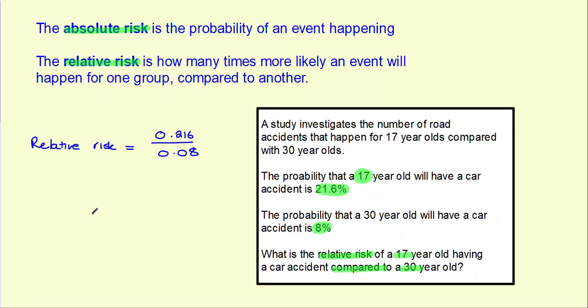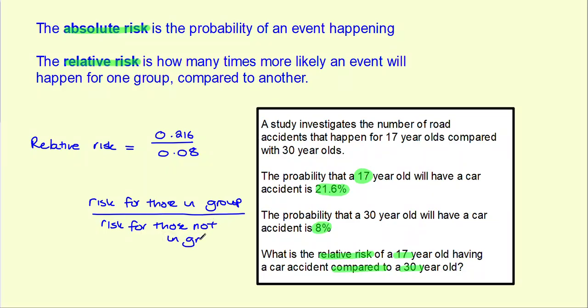The formula is the risk for those in the group, so that's the 17-year-olds in this case, and we divide it by the risk for those not in the group. So we're talking about those in the group of a 17-year-old divided by the risk for those not 17. So 0.216 divided by 0.08.